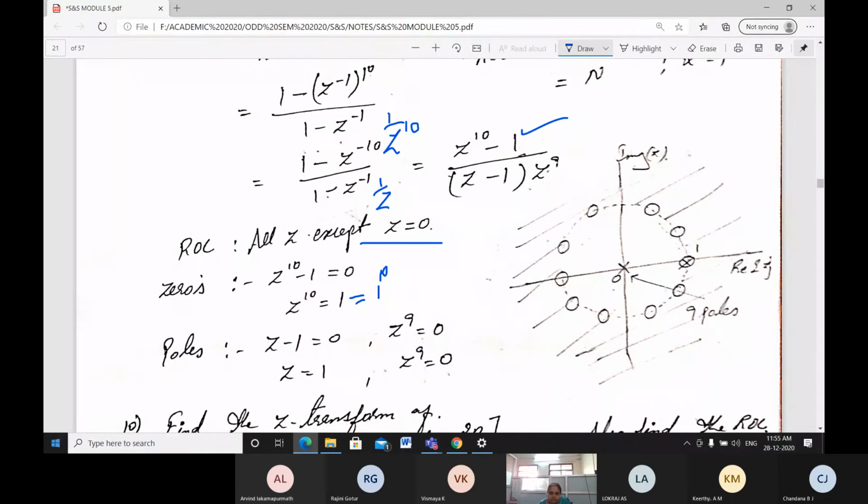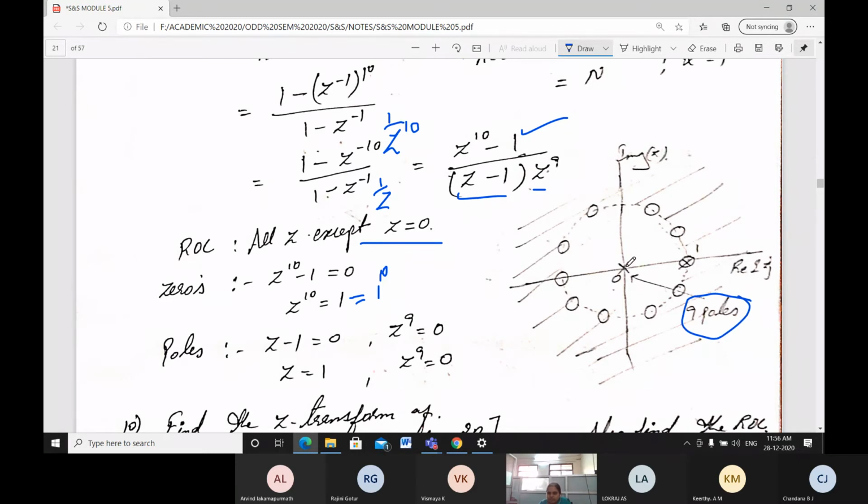Then for poles, either z minus 1 is equal to 0, or z raised to 9 is equal to 0. z minus 1 equal to 0 means z is equal to 1. z raised to 9 equal to 0 means zeros only. Observe here, at 0 you will be getting 9 poles.